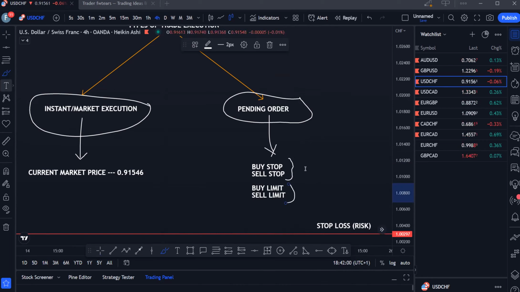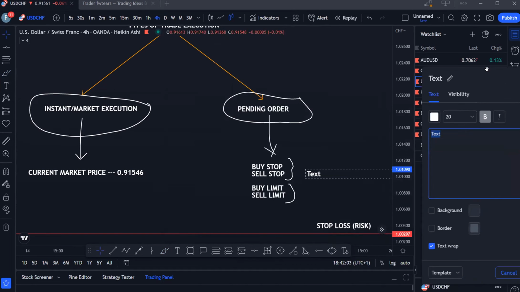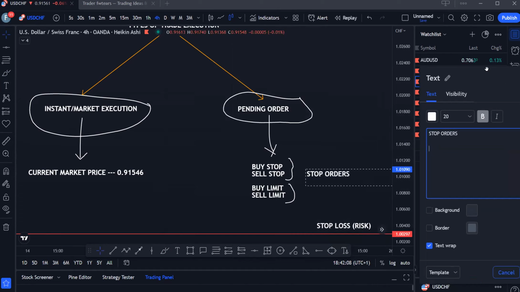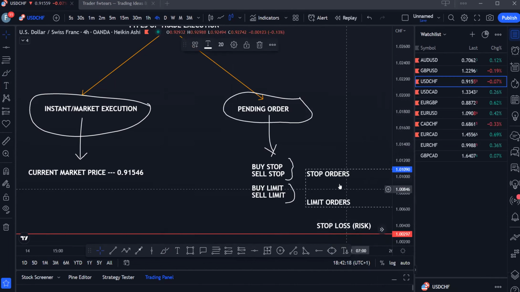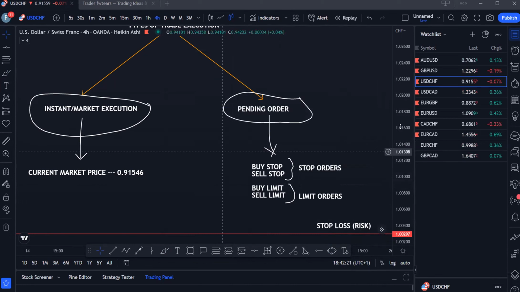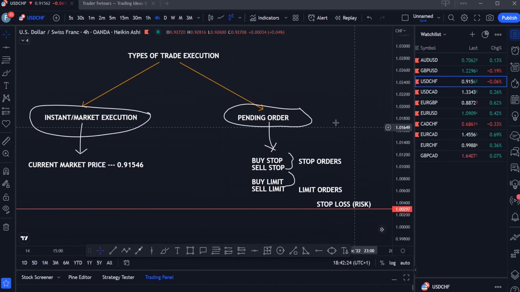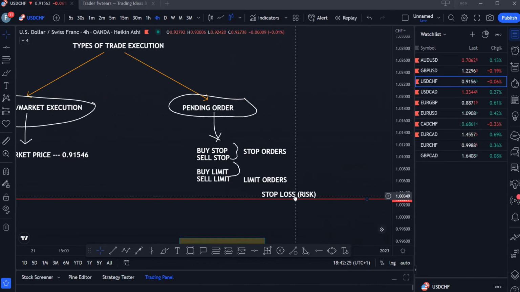When we say stop orders, I want you to think about continuation.